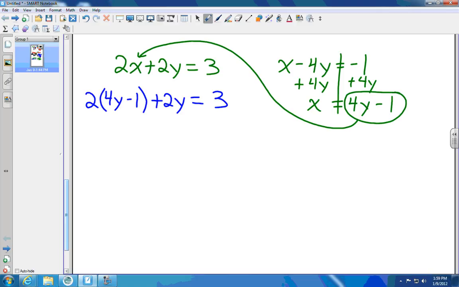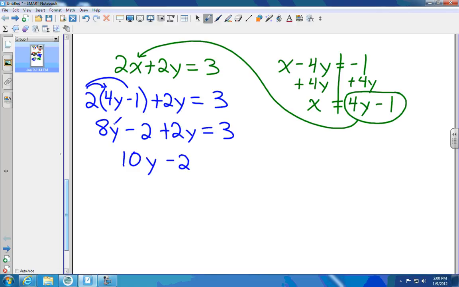So what operation do you use when you distribute? You multiply the 2 in there. 2 times 4 will give you 8y minus 2 plus 2y equals 3. Just distribute it on that step. So do we have any like terms? The y's. So we've got 8y here, and we're adding 2y here. And that would give you 10y.